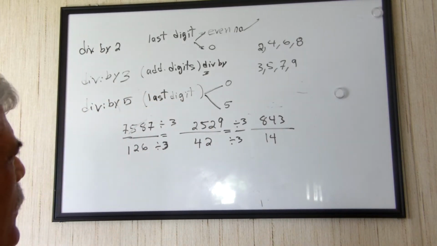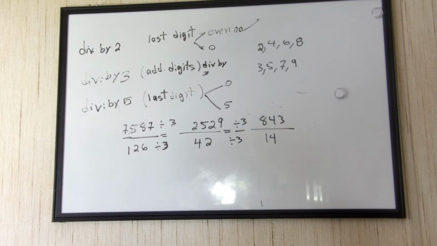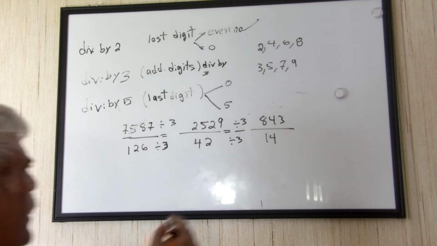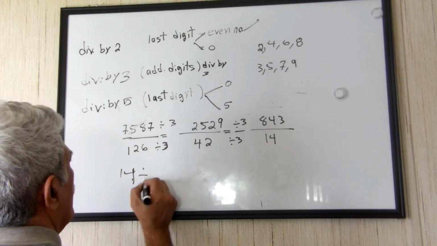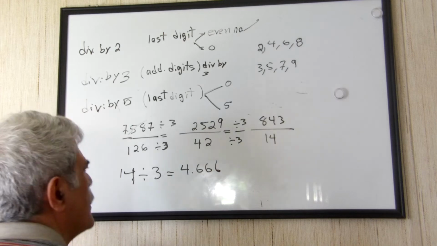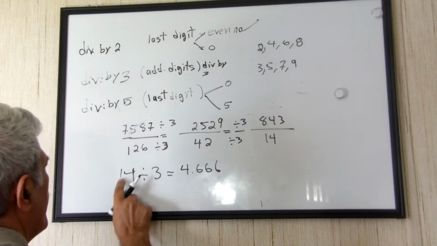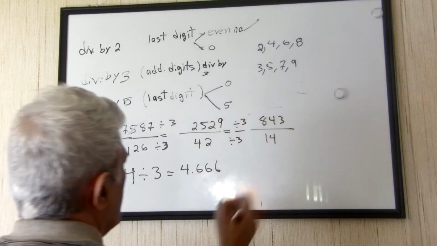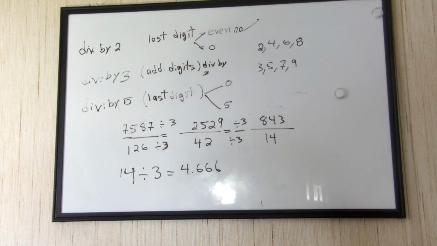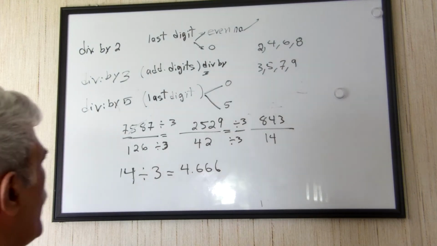It's not divisible by 3 because it has a remainder. 14 divided by 3 is going to be 4.666, and it continues.